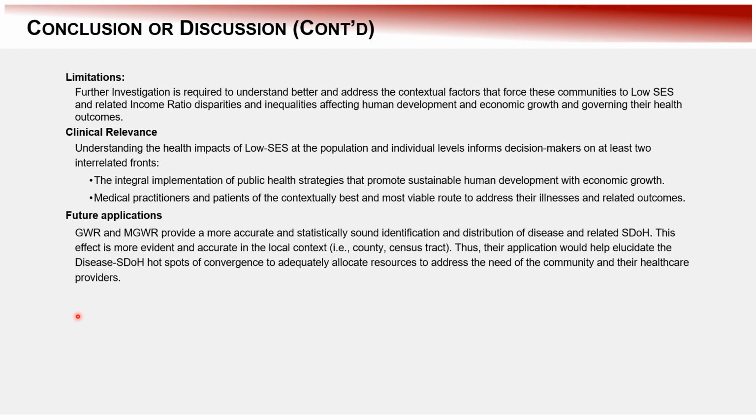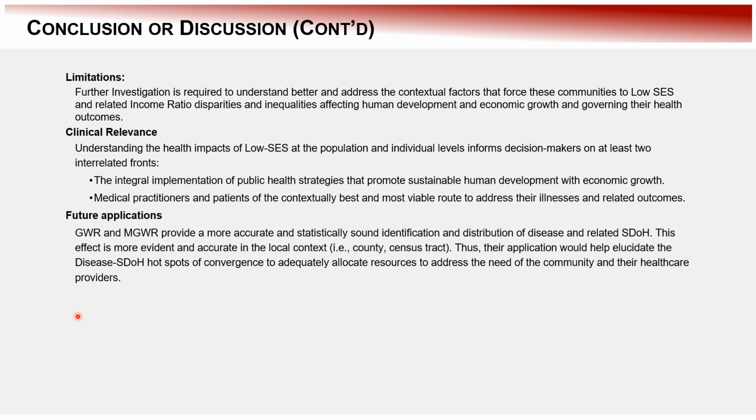Future applications of the geographically weighted regressions and refinement of multi-scale will provide a more accurate and statistically sound identification and distribution of disease and related social determinants of health. This effect is more evident and accurate in a local context, such as the county, the census tract, where we can get more and more refined measurements.